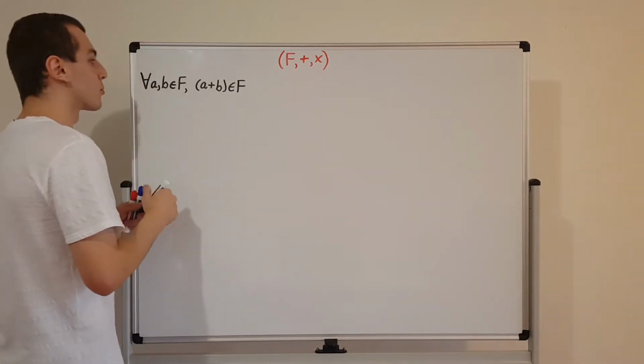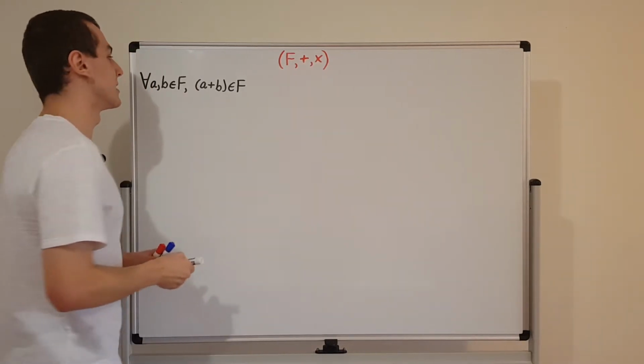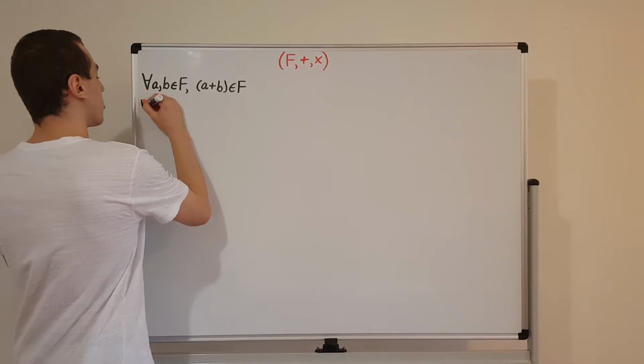The next fundamental property I'm going to write down is associativity. So I'm also going to start off with the for all symbol.